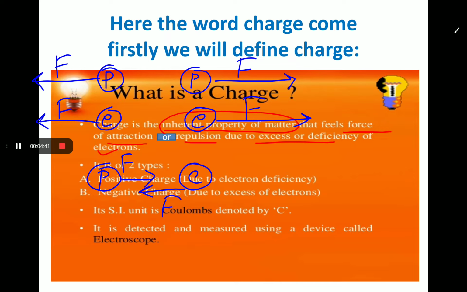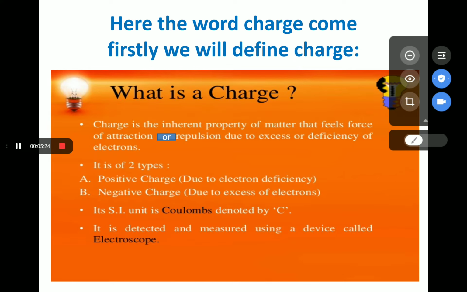So it means that the electron or proton must have some property because of which the repulsive or attractive force arises. So the fundamental particles, the electron and the proton, must have some property due to which the electrostatic forces arise, and that property is called charge.